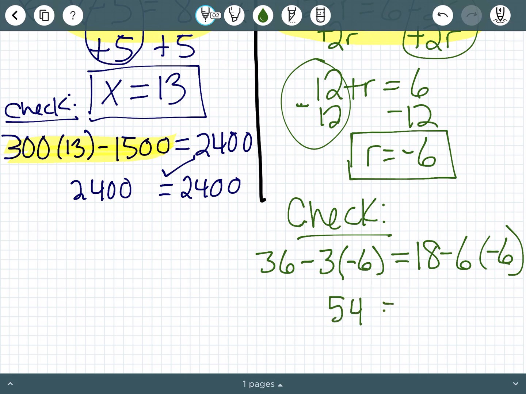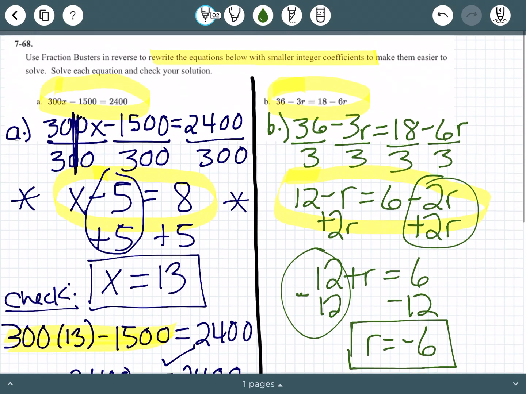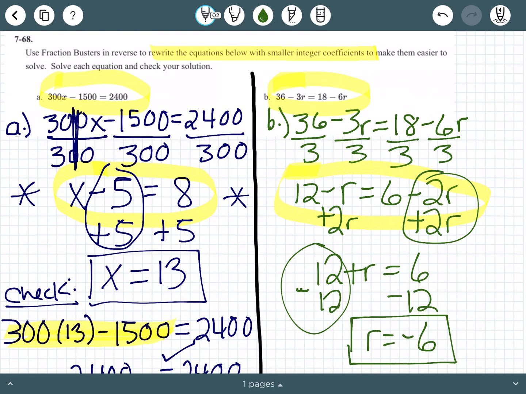So I would get 54 on this side, and then on my right side I would have 18 minus 6 parenthesis negative 6 end parenthesis, and I end up with 54 on this side as well. If you're putting this in a calculator and you don't get 54, that means you're not putting something in correctly. So for both of these, we're good on our solutions, and that is all for problem 768.